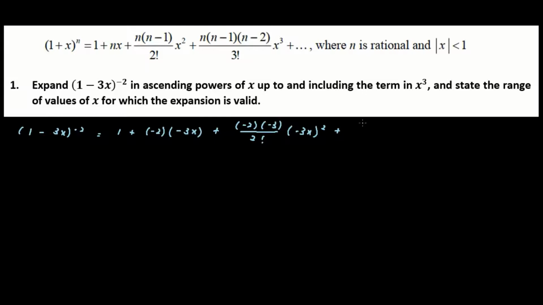Plus the same thing: now you have n negative 2, negative 2 minus 1 is negative 3, then negative 2 minus 2 is negative 4, then divide by 3 factorial. Then your b, meaning your x, to the power of 3. It's enough, because this question only goes up to the term in x cubed.